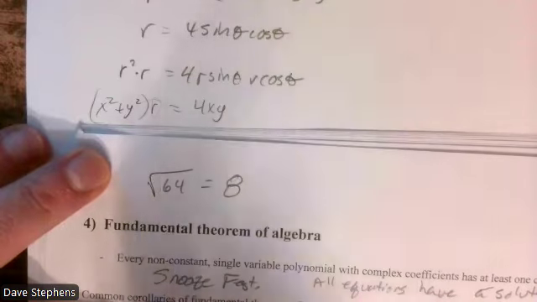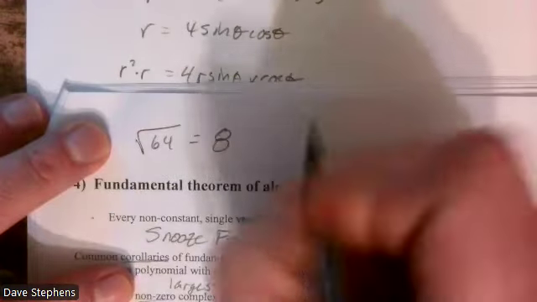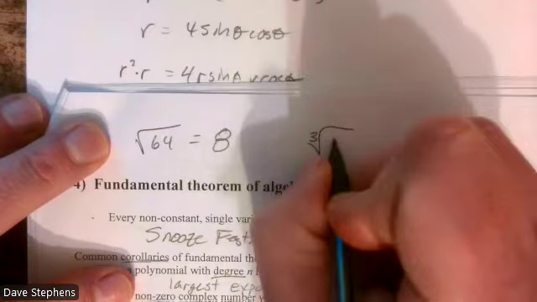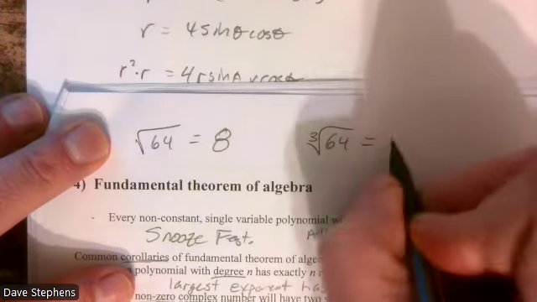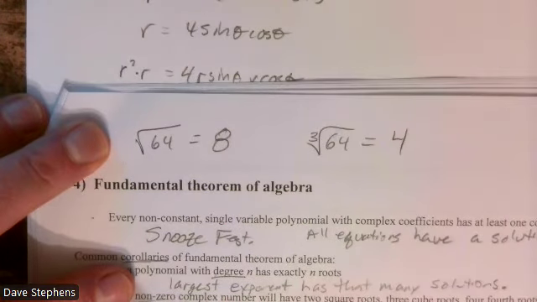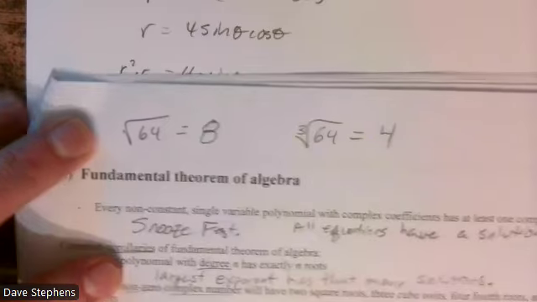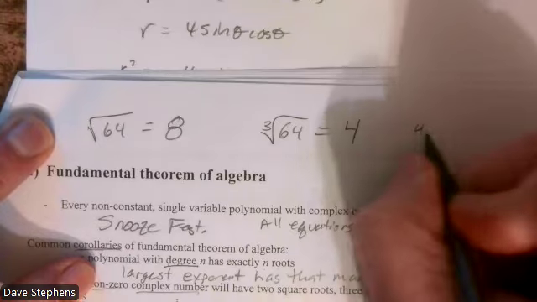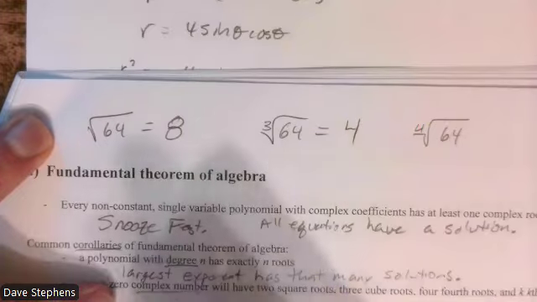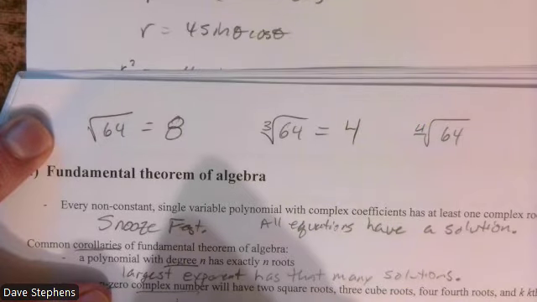So, for example, if I want to equate this to real numbers that we know, like the square root of 64, we know that to be 8, right? Or we could say the cube root of 64, we know that to be 4, right? Or we could say the fourth root of 64. Oh, I don't know what that is.